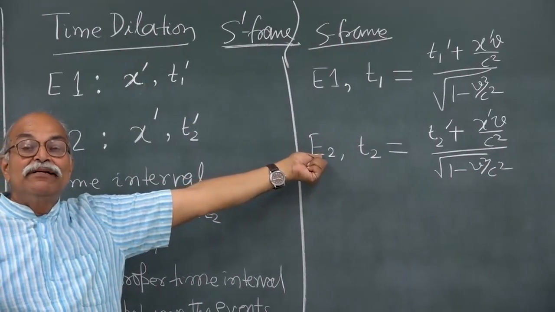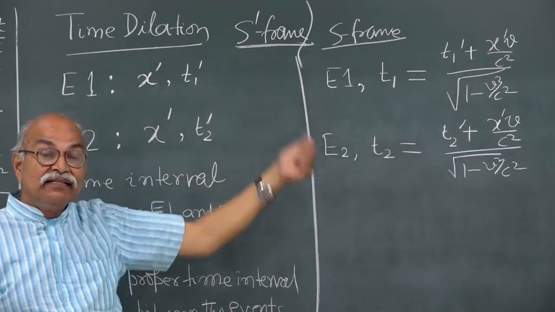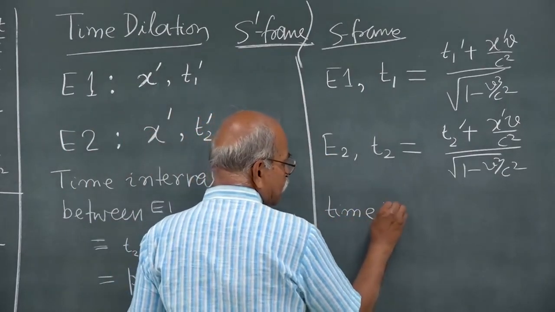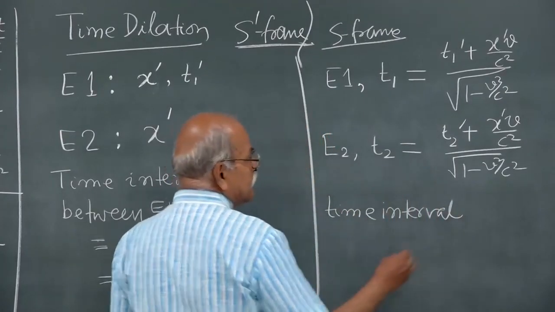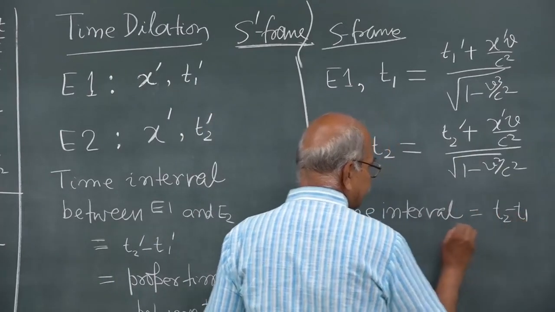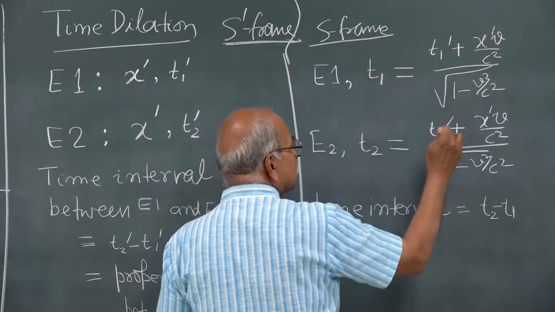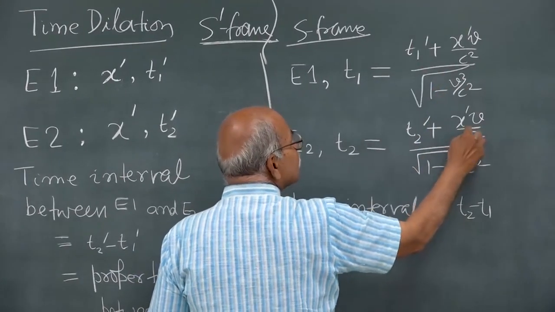So, what is the time interval between these two events, E1 and E2? That time interval will be T2 minus T1, and that T2 minus T1, this minus this, will be T2 prime minus T1 prime, and this part will cancel out.